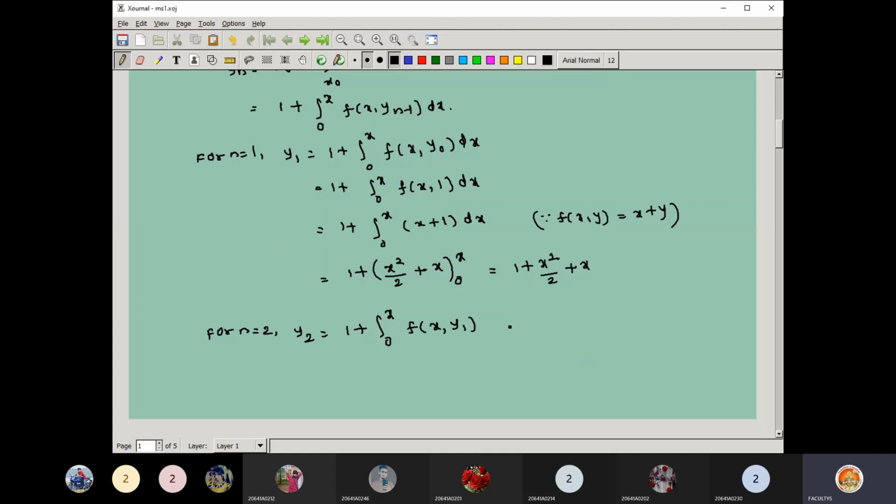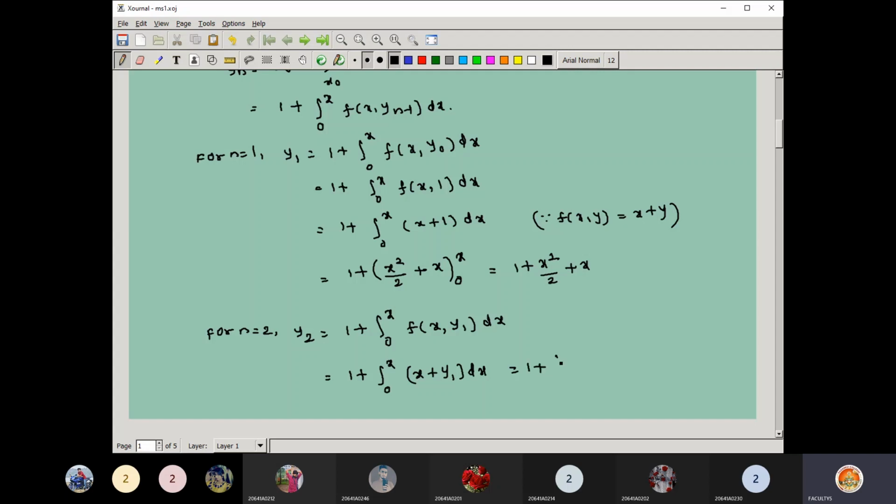Now I am making the simplification: 1 plus integral 0 to x. F of x comma y1 is almost similar to f of x comma y, with y replaced by y1. So I am writing x plus y1, dx.